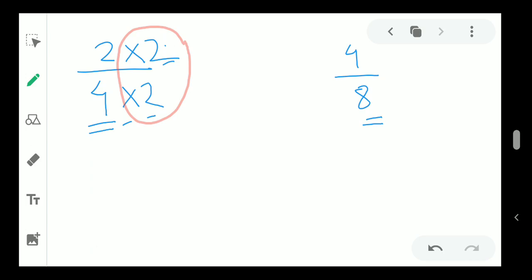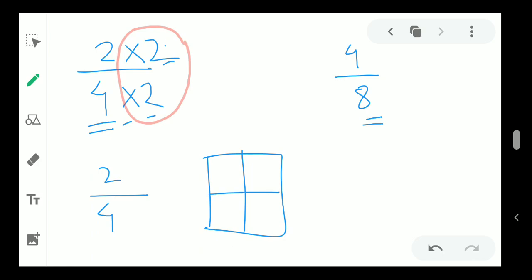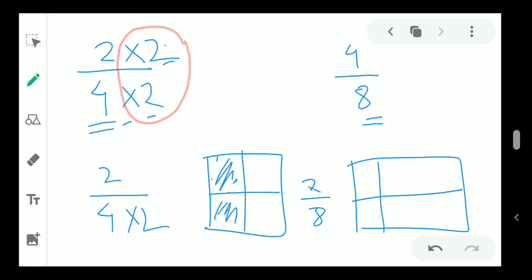Why? Let's see a little bit. Let's say you have 2 by 4, that means you have that box and you have colored 2 portions, right? Now if I multiply 2 here, my fraction will be 2 by 8. So you have a board like this with 8 pieces and only 2 you have done.